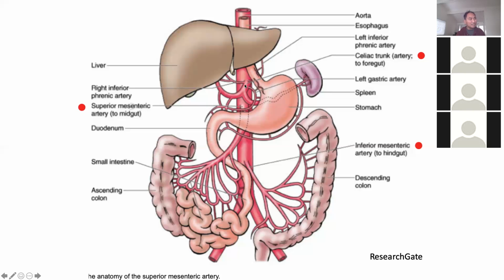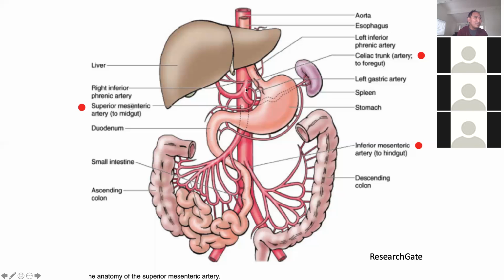But from the celiac, it continues as the common hepatic artery, common together. And there is another big branch here. You can see the celiac giving a branch here, going to the spleen, the splenic artery, guys. So it is easy to remember: from the celiac trunk, common hepatic artery, splenic artery.